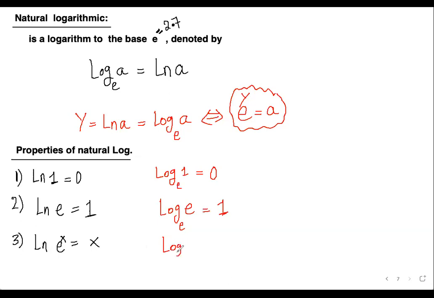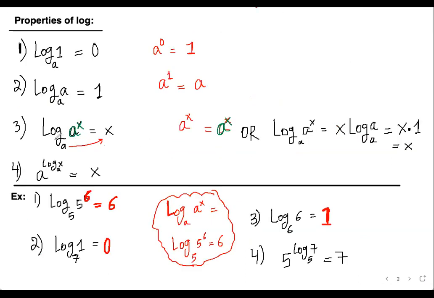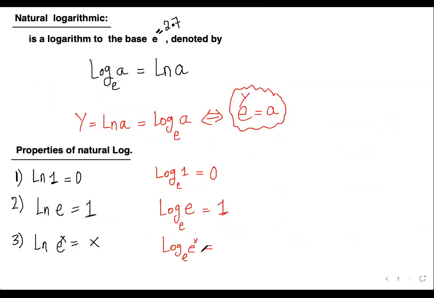Log of e to the power x with base e. And this is exactly like the property for logarithm before, property number 3: log a to the power x with base a is equal to x. Log e to the power x with base e is x.